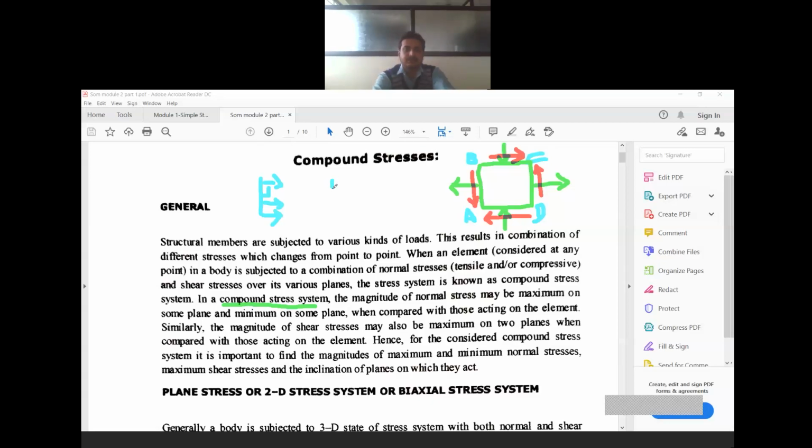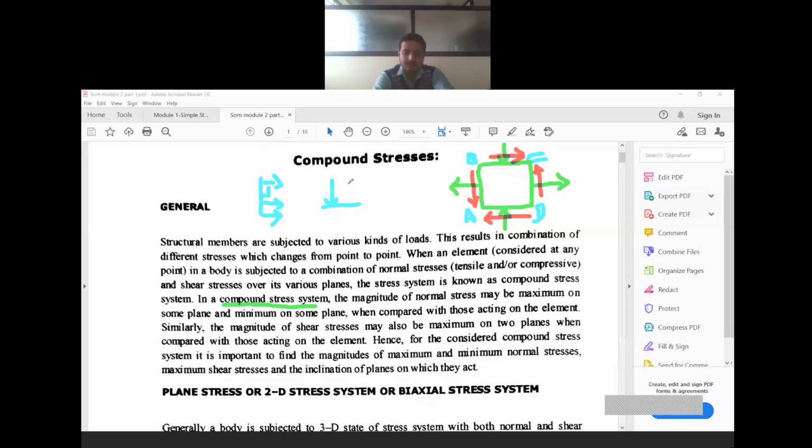If I have a compressive load, we have compressive load in planes AD and BC. So in planes AD and BC we are experiencing compressive force, which will be horizontal in direction in this example.